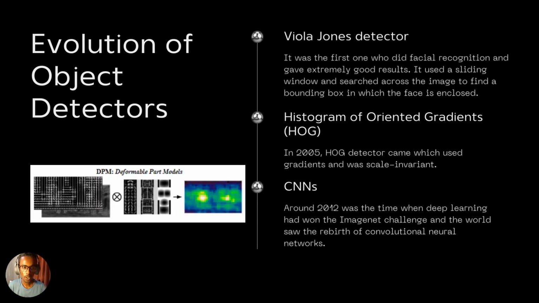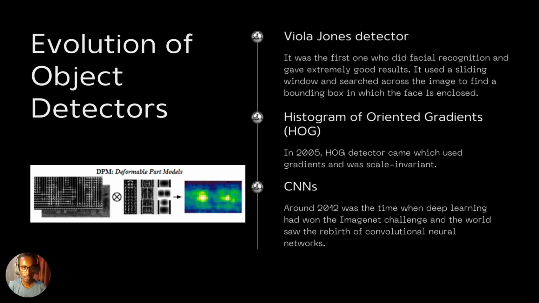So before we go directly into YOLOv1, let's see the evolution of object detectors. The first object detector was the Viola-Jones detector. It was the first one which did facial recognition and gave extremely good results. For example, when you use your camera on your phone, you can directly see tiny boxes identifying the faces of people in that image.